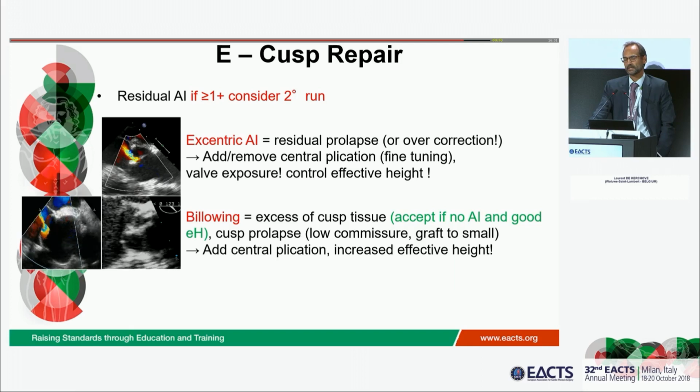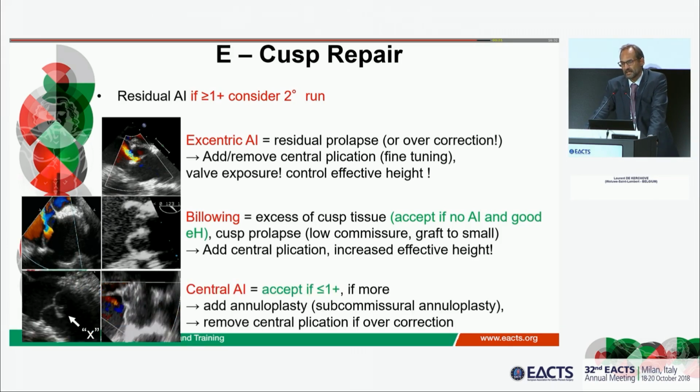But otherwise, it's probably the sign of a prolapse, and you may have made a technical error: too small grafts, or the commissures are not implanted high enough. Ideally, you should add some effective height to your cusp, adding some plication.